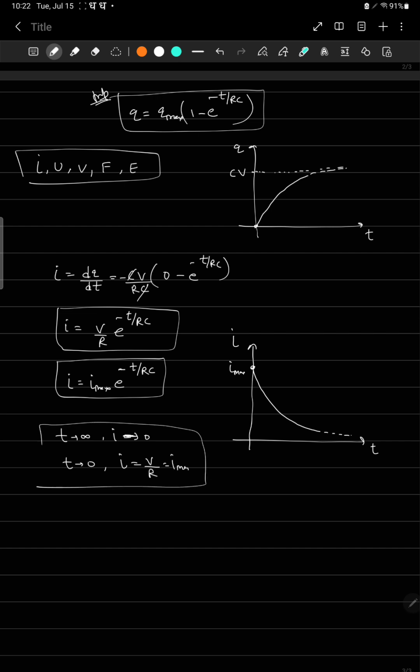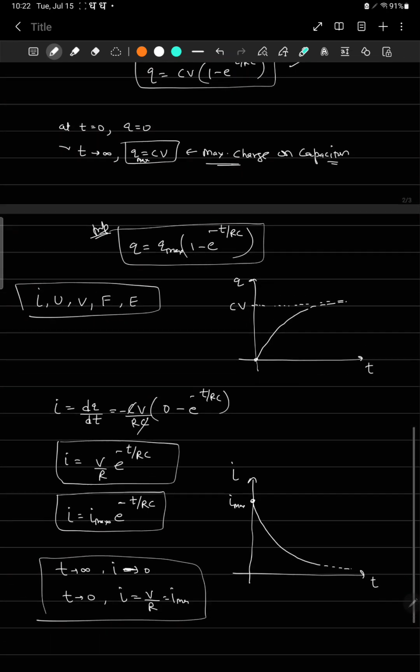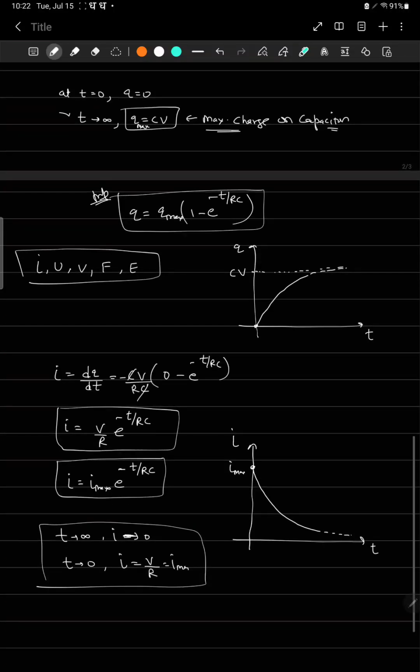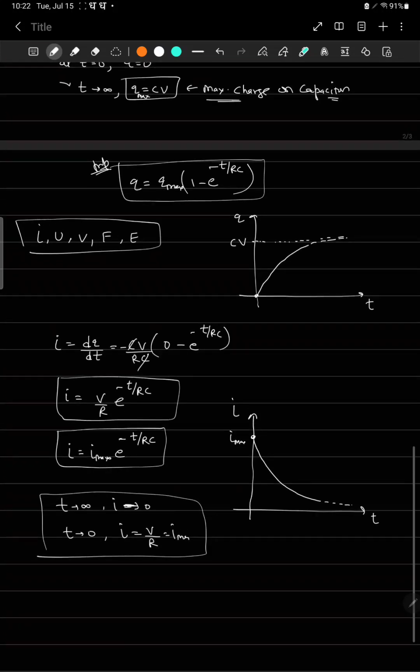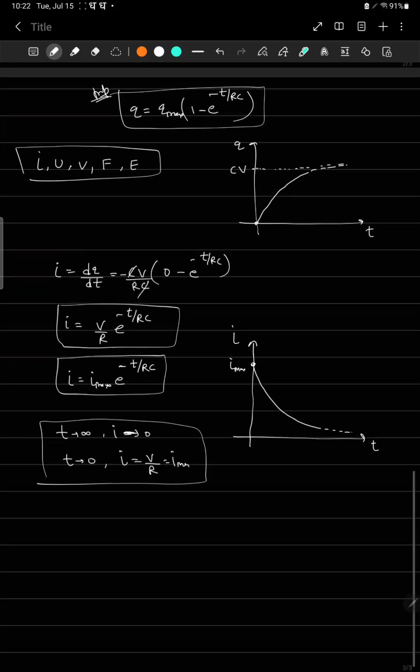So one thing is very clear about the charge and the current. At t equal to 0, when there is no charge on the capacitor, the current was maximum, right? And when t tends to infinity, when the capacitor is fully charged, the current becomes 0. With these 2 points we can conclude one thing, which is very important for our circuit problems.